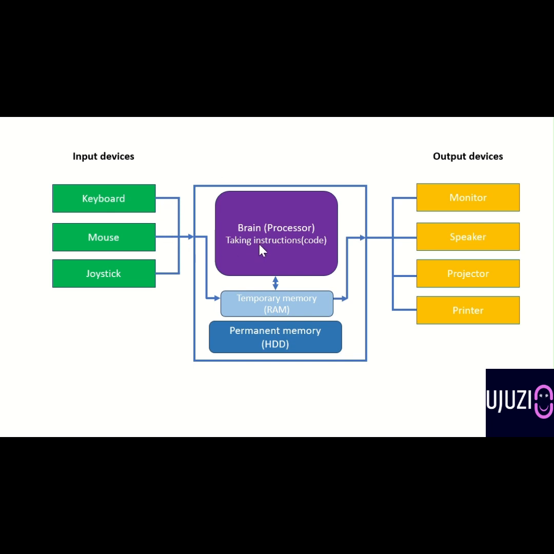So we might give it instructions to turn on the lights, or to turn off the lights, or to provide an output sound, and so on and so forth. So we use a computer code or a program to give our computer instructions. Thank you.